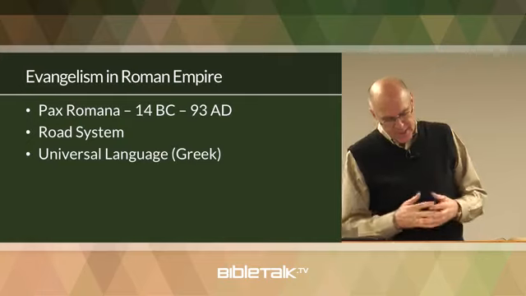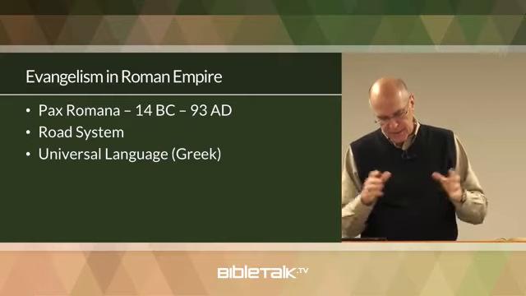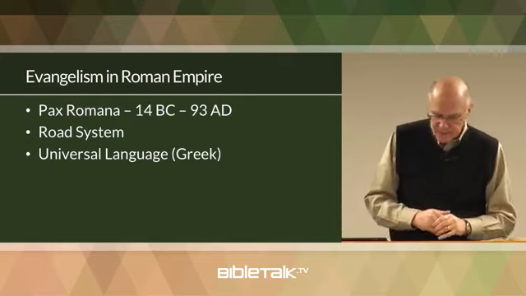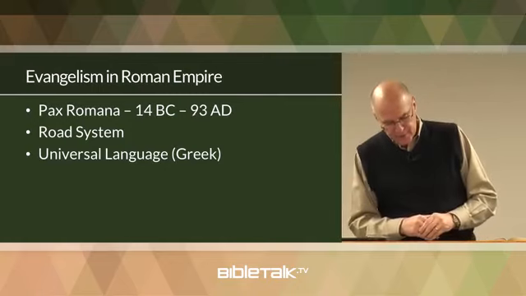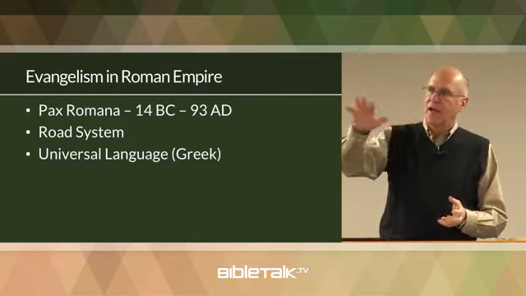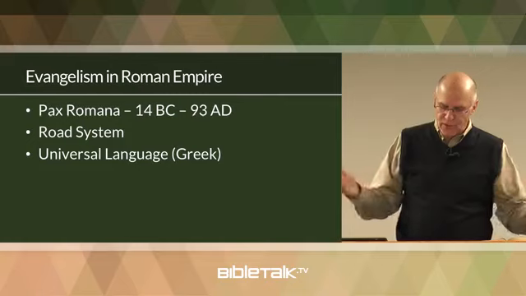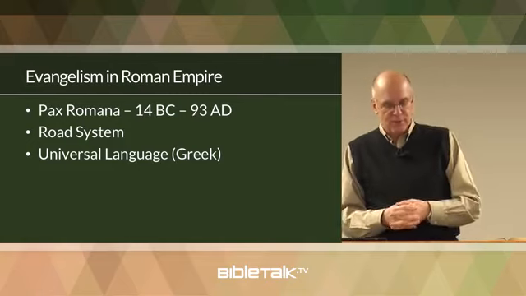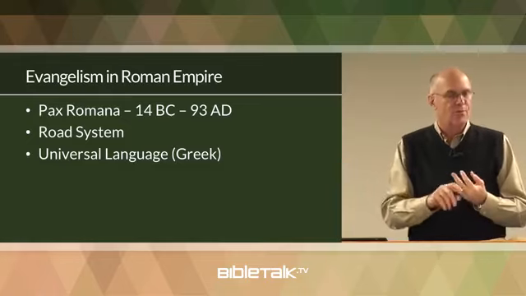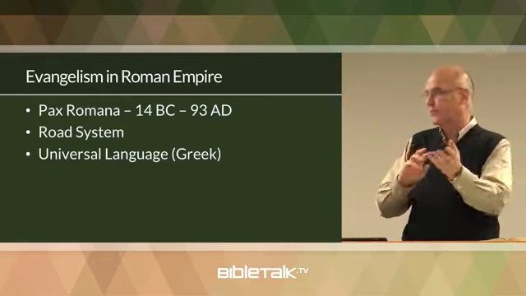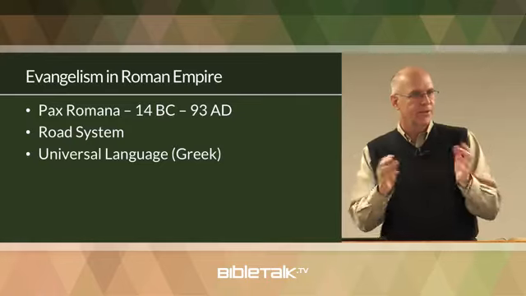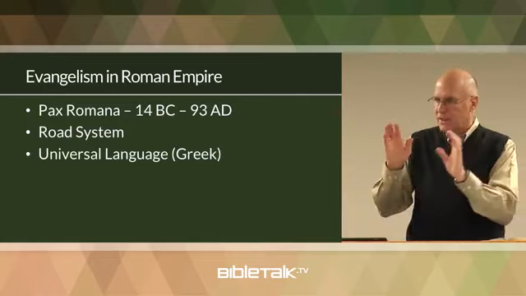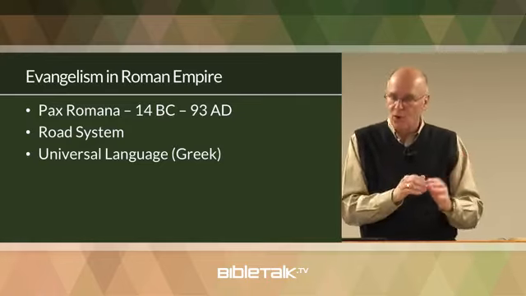Also, a third thing is that during the Roman Empire, they maintained communication and a literary system on a universal plane. In other words, the Greek language was universal as the language of good literature and communication between cultures. Literature and culture still used the Greek language, even though it was the Romans.